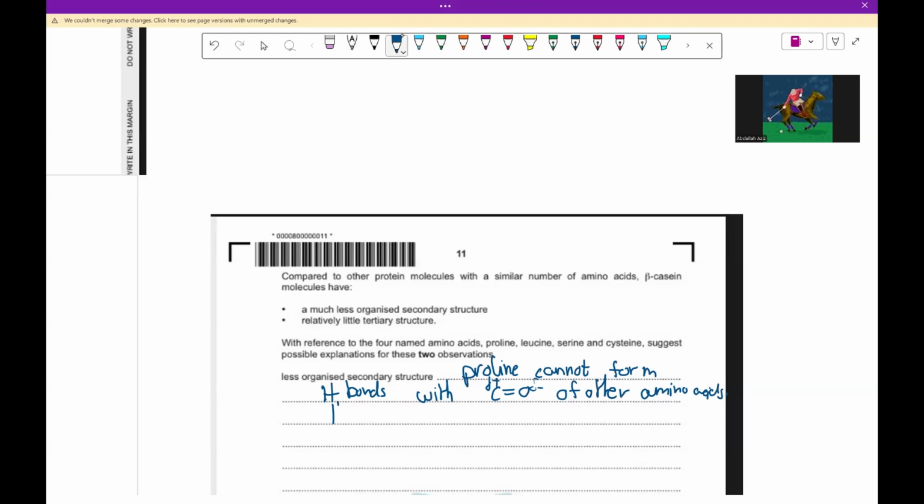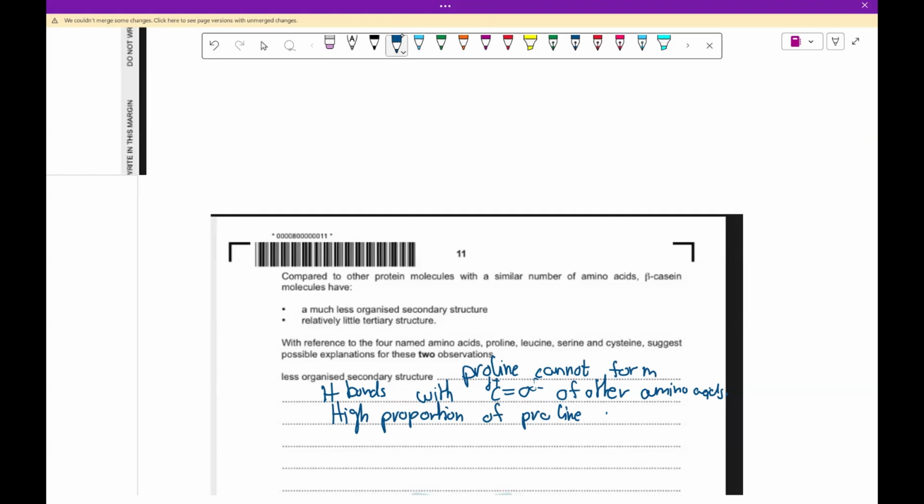and since there is a high proportion of proline, there is less hydrogen bonding in the polypeptide, hence there is a less organized secondary structure.